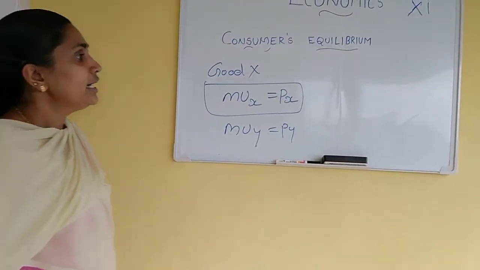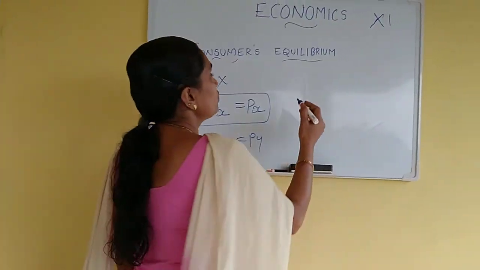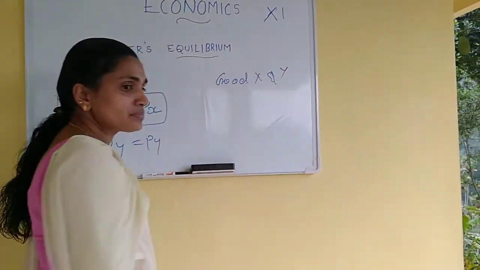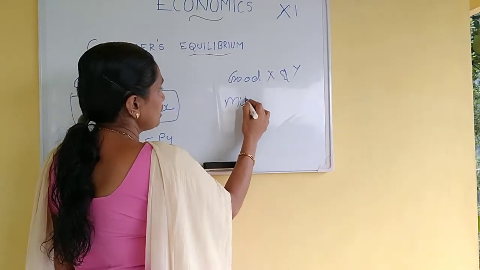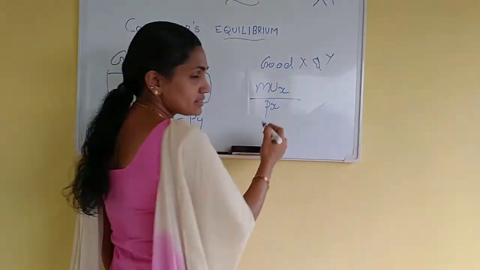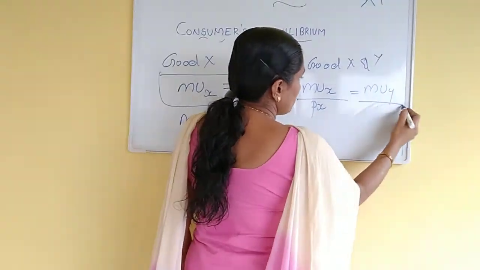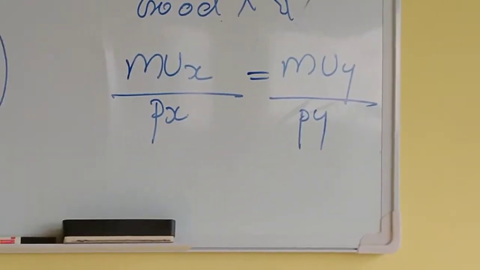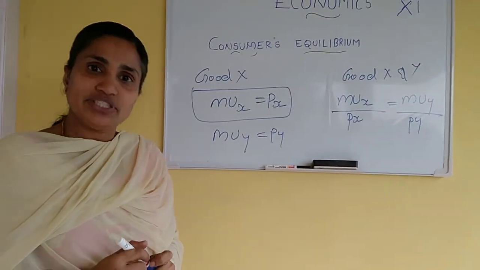When we move to two commodities in the economy, good X and Y, in that case we can see that marginal utility of X divided by price of X is equal to marginal utility of Y divided by price of Y. Consumer is in equilibrium. And I will explain these two cases with the help of a table.